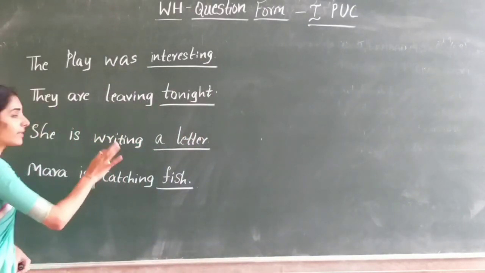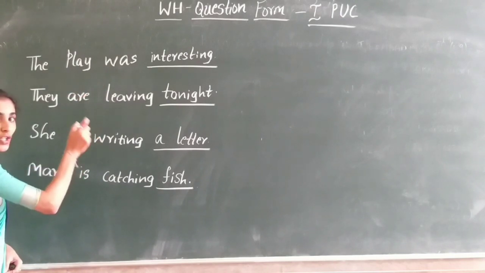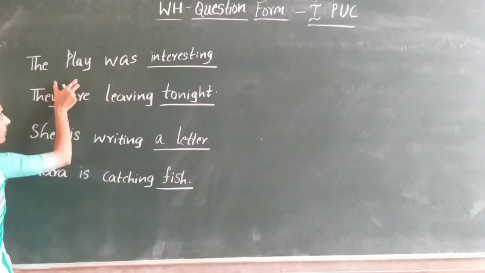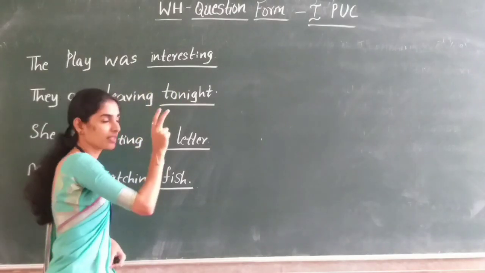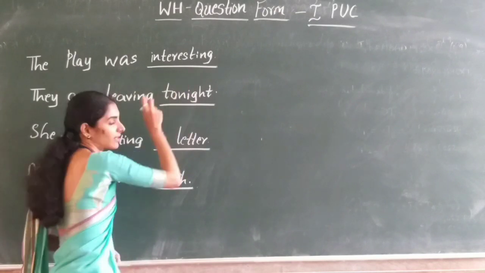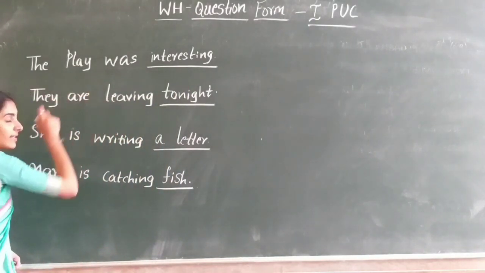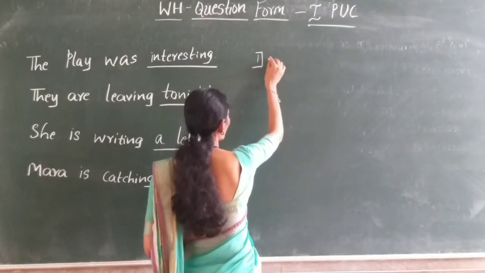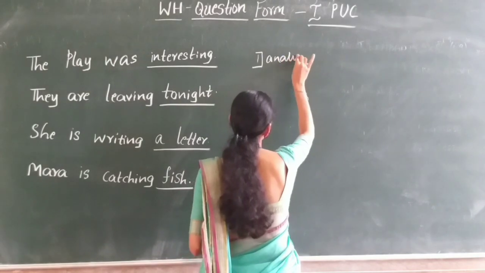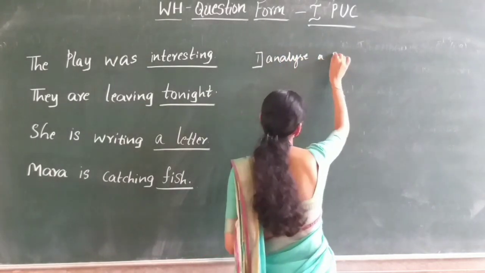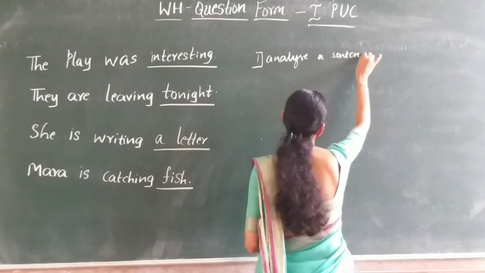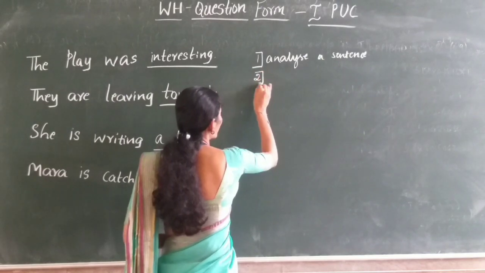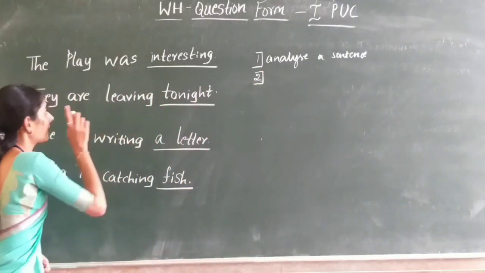So now let's list out what are the things that we need to keep in mind. The first thing, when you see the sentence, just read it carefully. Look at the first sentence here. The play was interesting. Here I have underlined interesting. That is the object of this first sentence. The first thing that you need to do, you have to analyze the given sentence. Then find out the helping verb in the sentence.